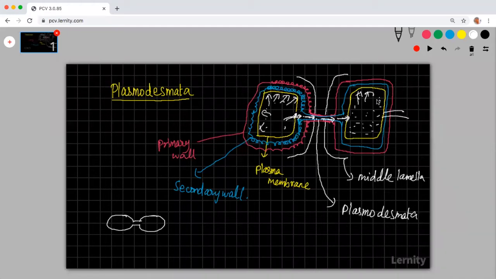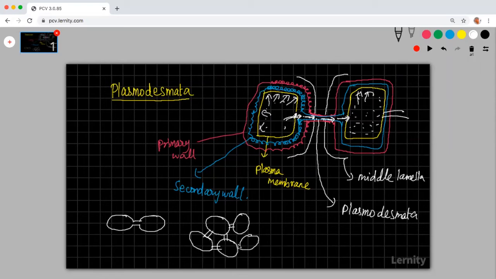A cell can have many plasmodesmata. For example, think about a parenchymatous tissue like this. There can be a connection between these two cells, and between these two, and these two.